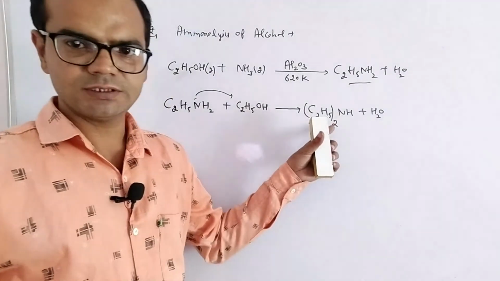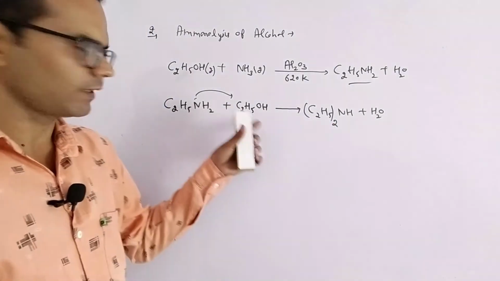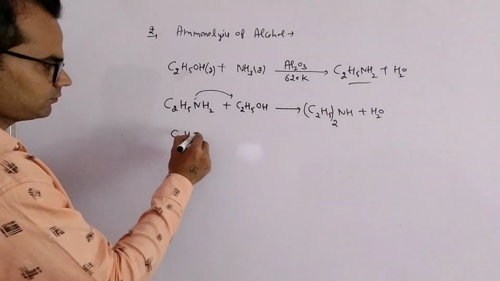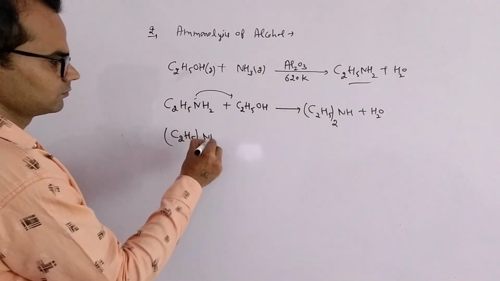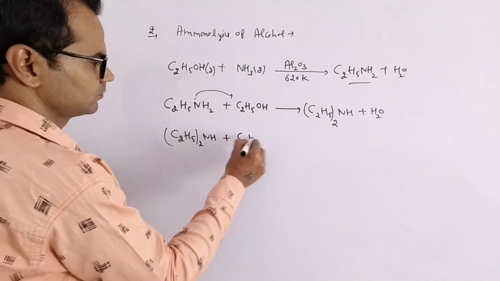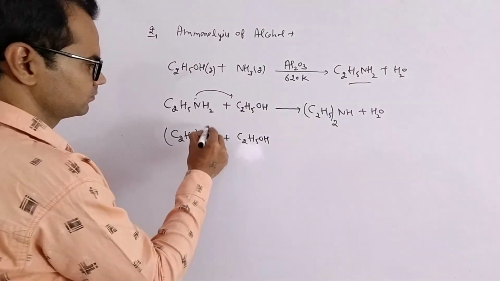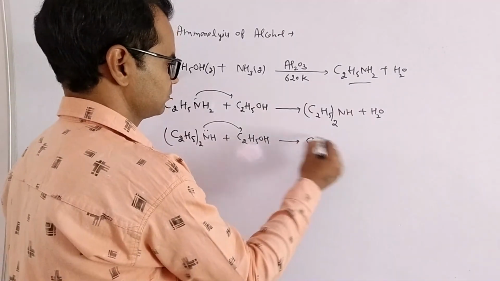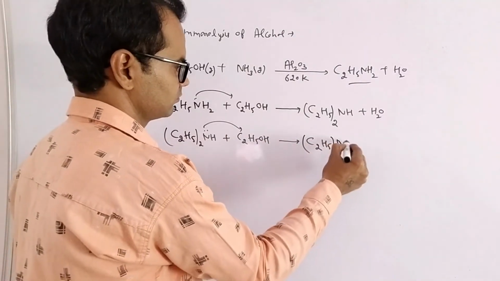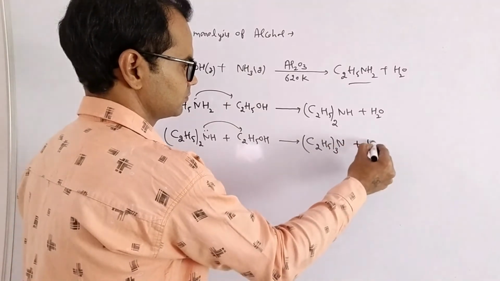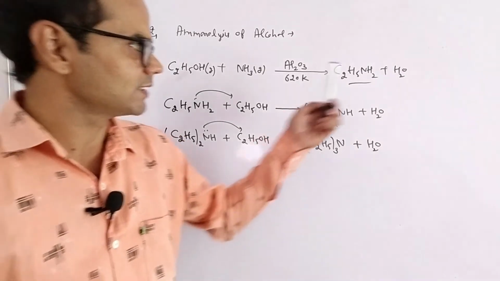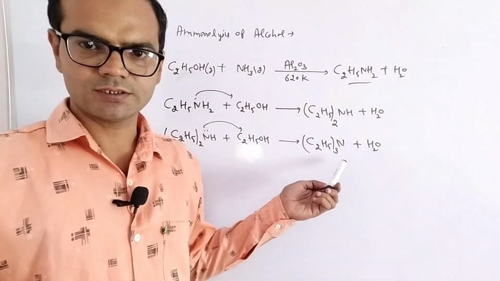It will further proceed to react with alcohol. So again we can see we have a mixture of amines, primary, secondary and tertiary.